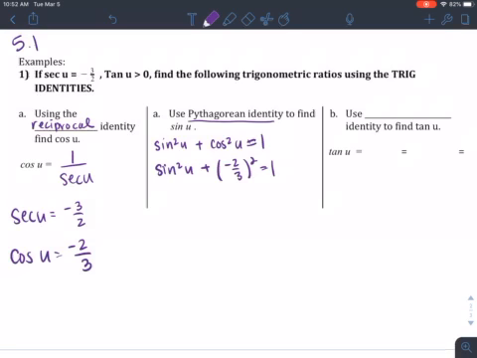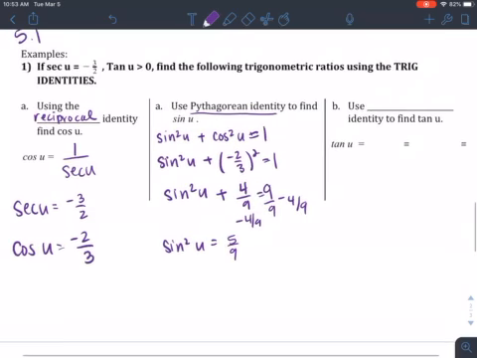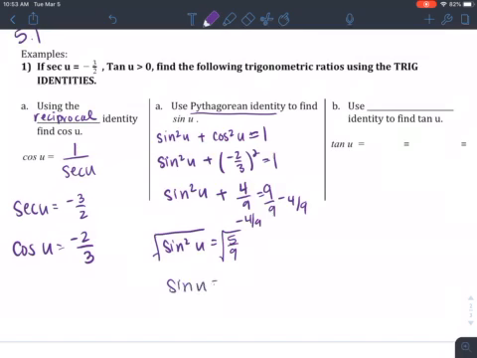So now I have sine squared u plus 4 over 9 is equal to 1. Let's subtract our 4/9. So sine squared u is equal to 9 over 9 minus 4 over 9, which is 5 over 9. And then we need to square root. So I get the sine of u is equal to root 5 over root 9, which is root 5 over 3.